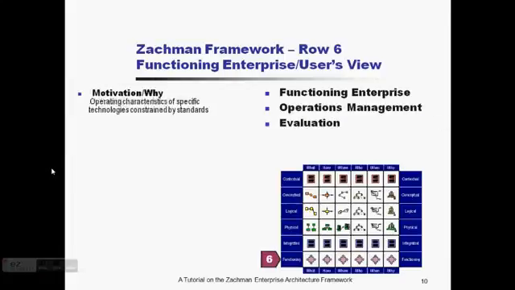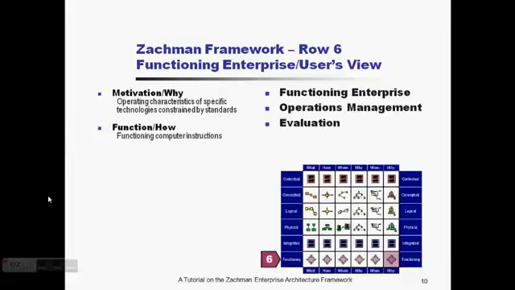In this phase we need to know what we have done, what we've created, and evaluate it to make sure that it conforms to the specifications in row 1. So the motivation is the operating characteristics of a specific technology, constrained by standards.